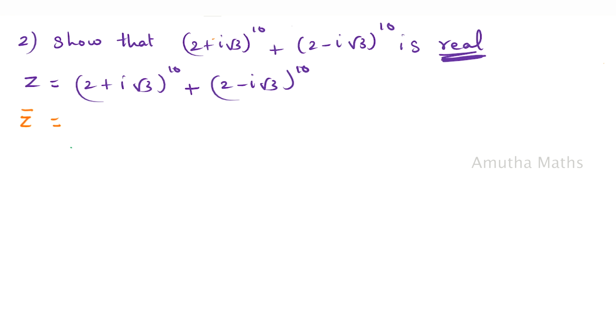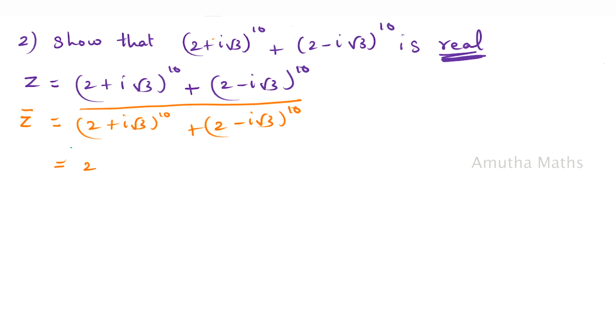Z bar will be 2 plus I root 3 the whole power 10 plus 2 minus I root 3 the whole power 10, the whole bar. We know that in conjugate, for addition, subtraction, multiplication and division, we can split the bar into separate bars.